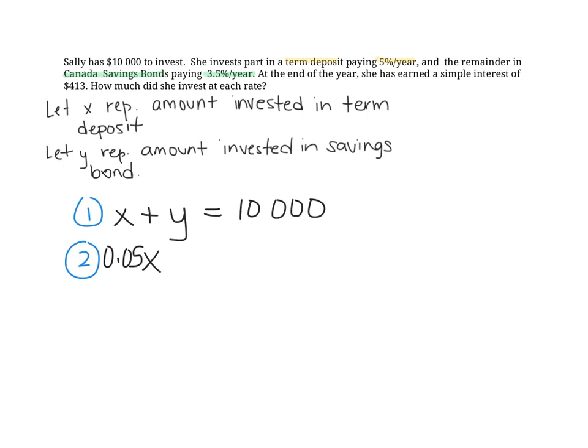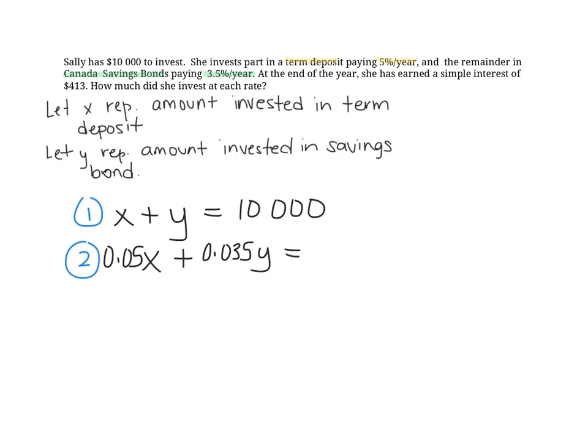So 0.05 times X plus we have an amount for Sally that she's investing into the savings bond, but that savings bond is going to pay back 3.5% per year. So 3.5% written as a decimal is 0.035.